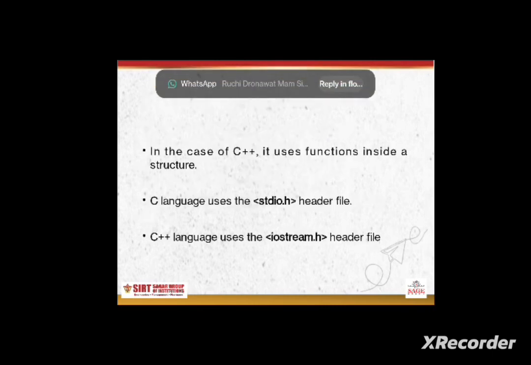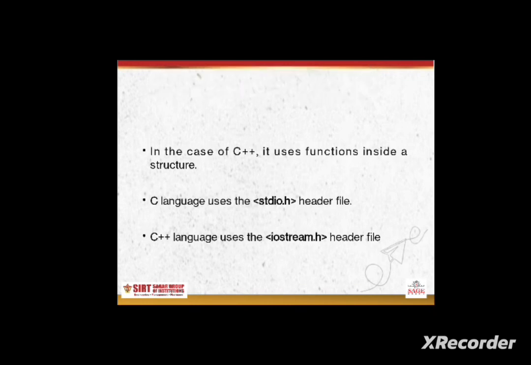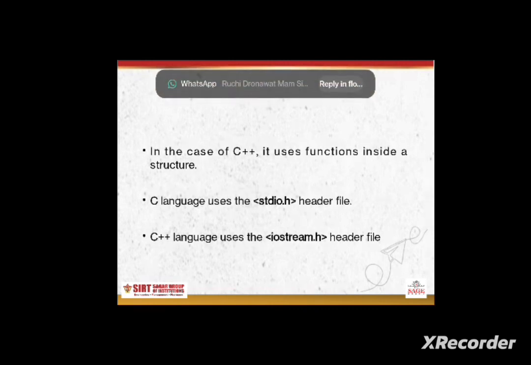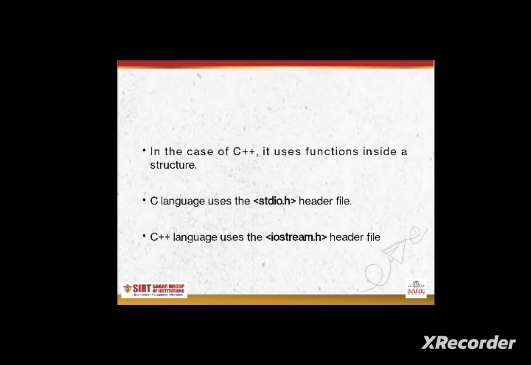Now in case of C++, it uses functions inside a structure, and the C language uses stdio.h, where h stands for header file, and the C++ language uses the iostream.h header file. Both stdio.h and iostream.h are header files which perform different types of functions and provide different types of libraries.